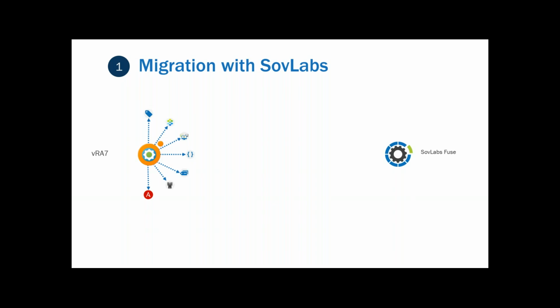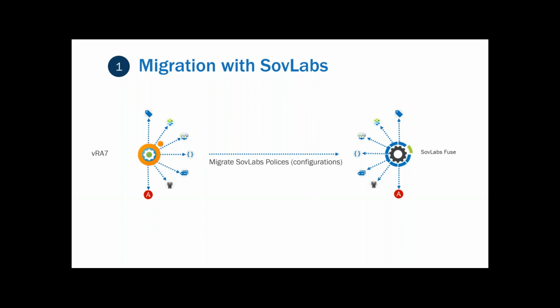Customers that are running SovLabs in their environment will have policies created for the different integrations that they need. And those policies can be migrated over to our SovLabs Fuse platform, which is our next-gen platform. So no having to rewrite code, spend hours inspecting that code, having to go figure out how to do these same things via the vRA REST APIs.